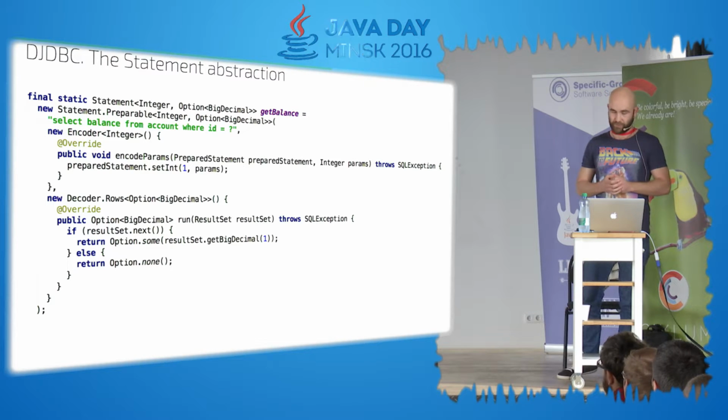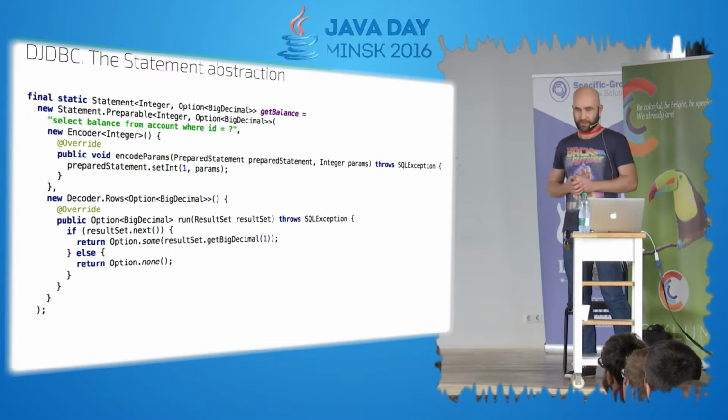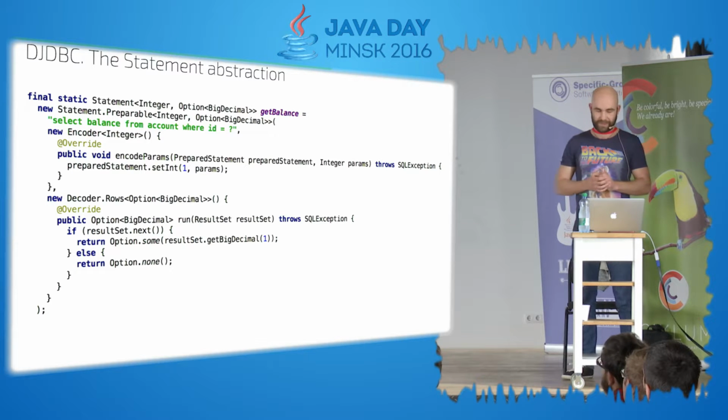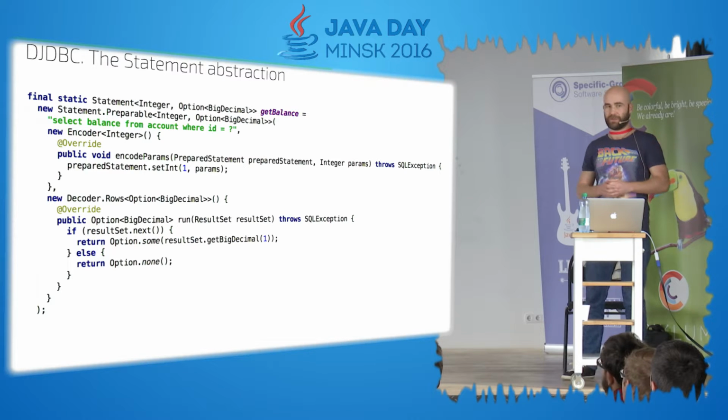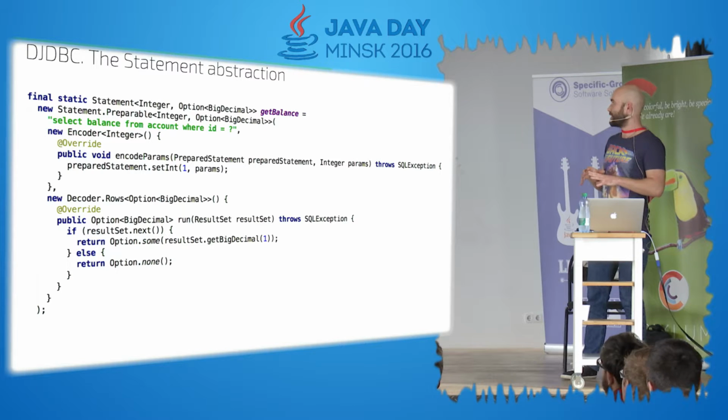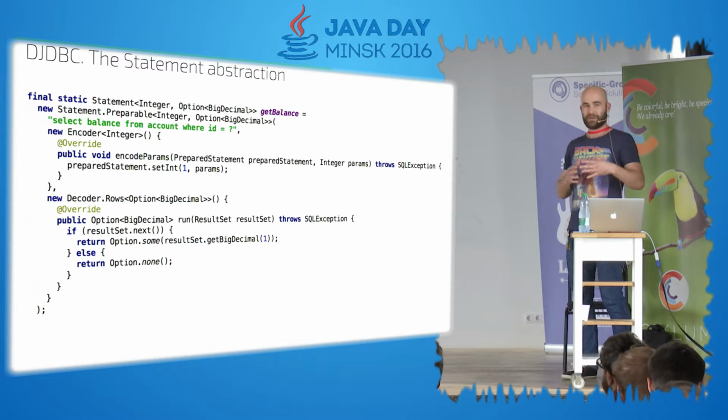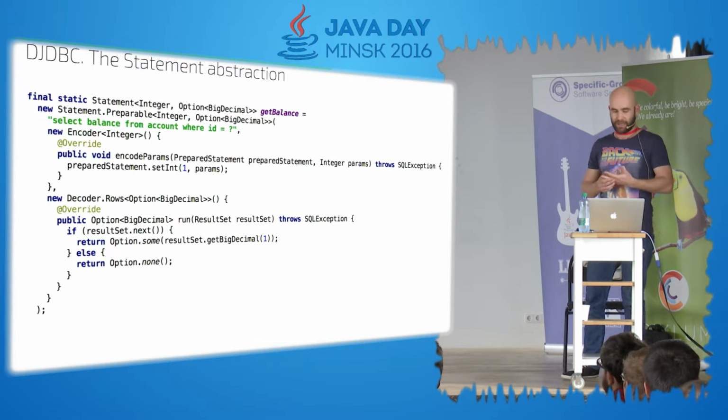declaration, which includes the declaration of the SQL statement to execute, a specification of how to encode the parameters that will be passed to this statement, and a specification of how to decode the results that we get from this statement. Everything, as you can see, is grouped in a kind of declarative way, similar to how you would see HTML code or XML code or JSON or all those static formats that you have.